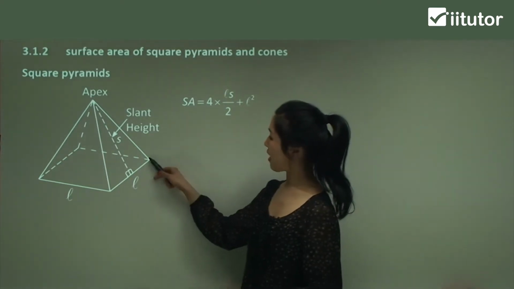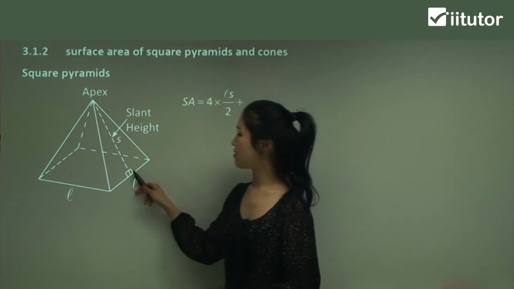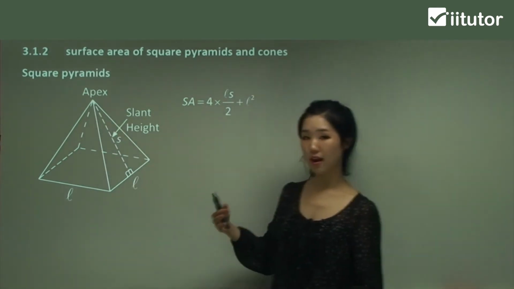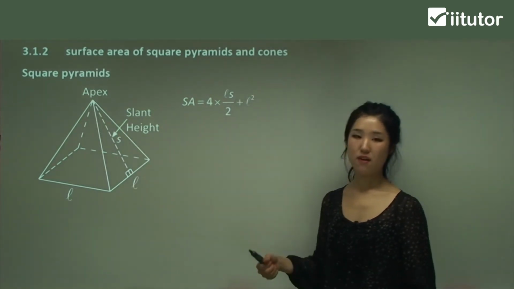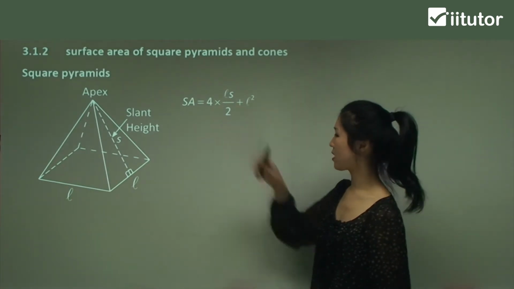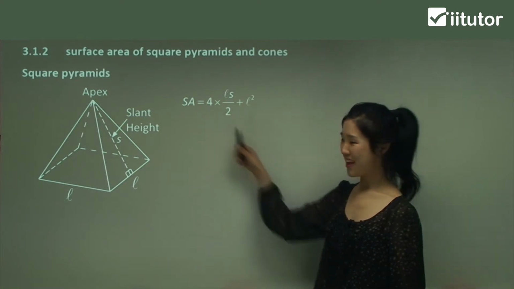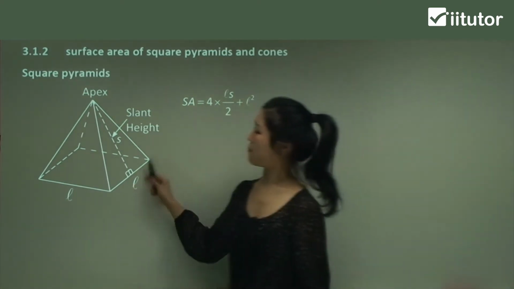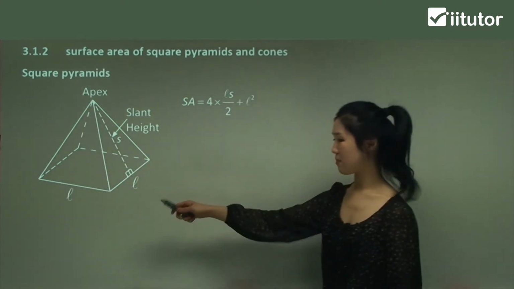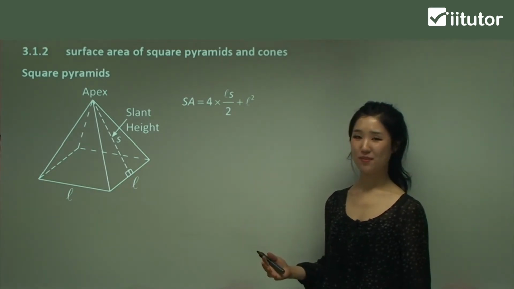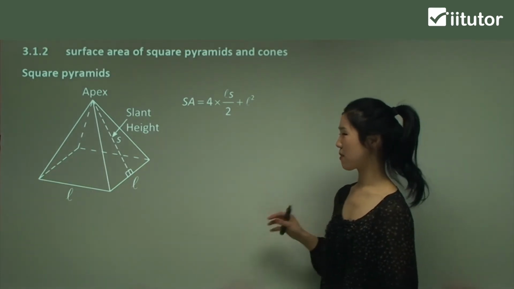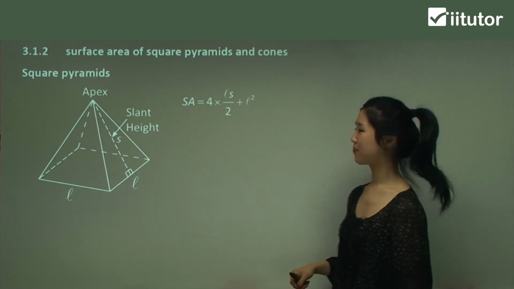Base here is L, the height here is S, which we also call the slant height. And then we divide that by 2, or times it by half. There are 4 triangles, so simply multiply by 4. Okay? And then you add the base square, so L times L, so L squared. That's pretty much it. So square pyramids, I think, are actually pretty simple.